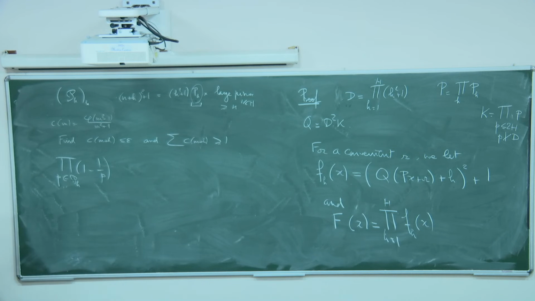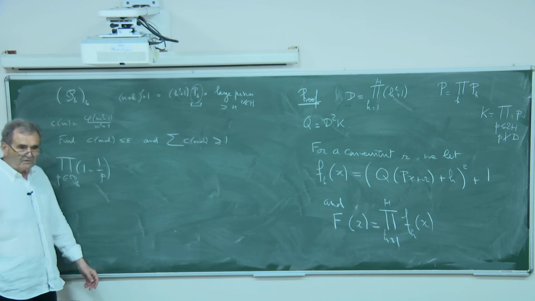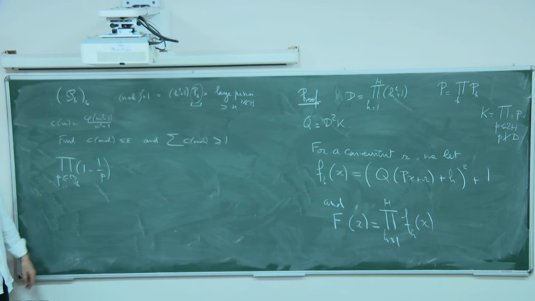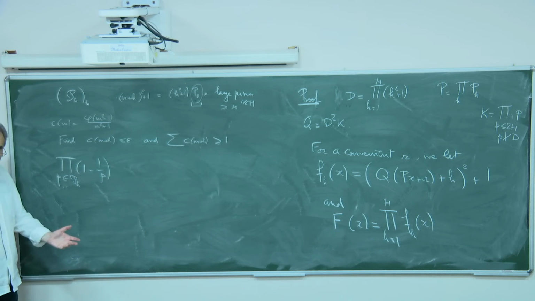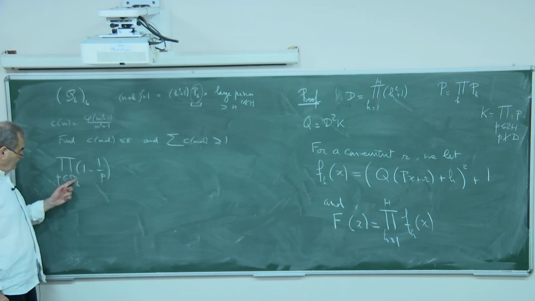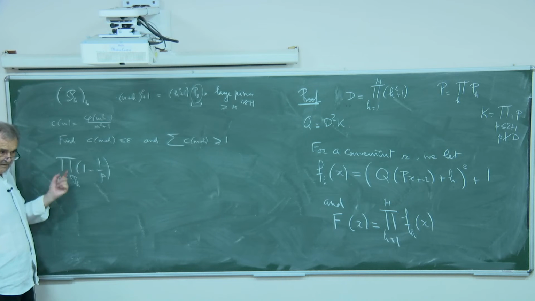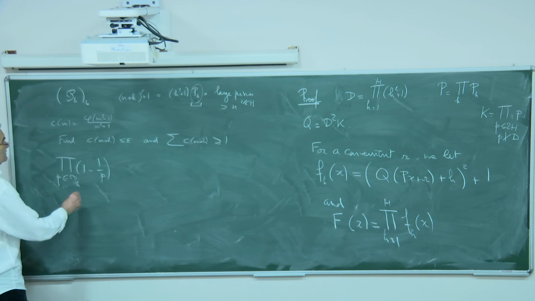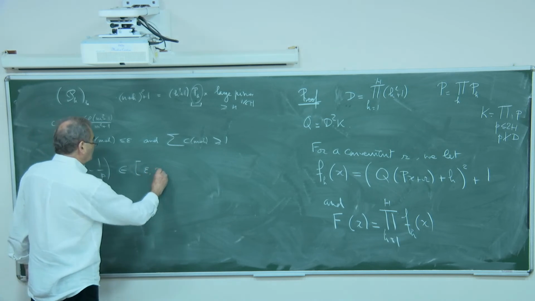If you remember, the way Dirichlet was proving the distribution of the primes between 1 and 3 mod 4, it was indeed proving that the sum of 1 over p, when p is congruent to 1 mod 4, is divergent. The same for p larger than 3, congruent to 3 mod 4. Since this is divergent, and the terms tend to 1, you can prove it exactly where you wish. So you can find primes such that this belongs to the interval from epsilon to 2 epsilon.